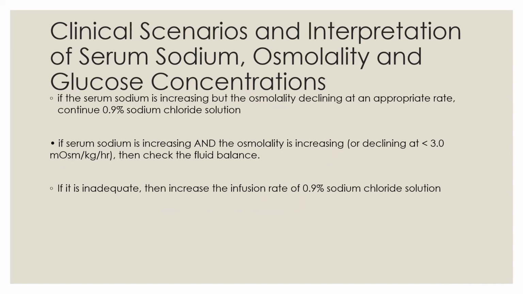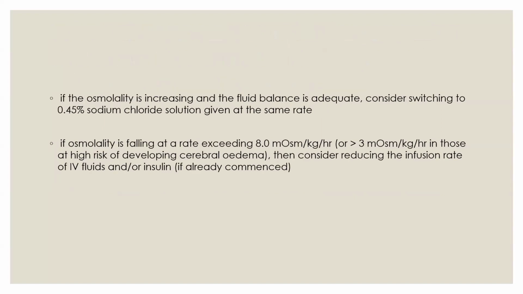Clinical scenario and interpretation of serum sodium, osmolality, and glucose concentration. If serum sodium is increased but osmolality is declining at an appropriate rate, continue 0.9% sodium chloride solution. If serum sodium is increasing and the osmolality is increasing, check the fluid balance. If it is inadequate, increase the infusion rate of 0.9% sodium chloride solution.